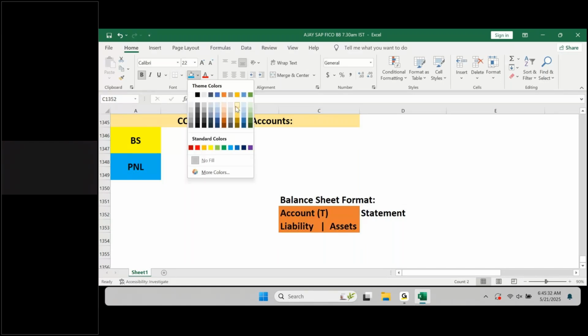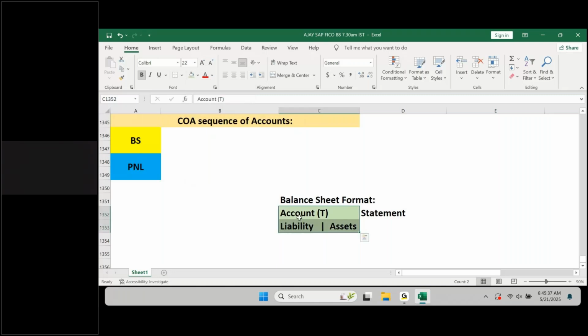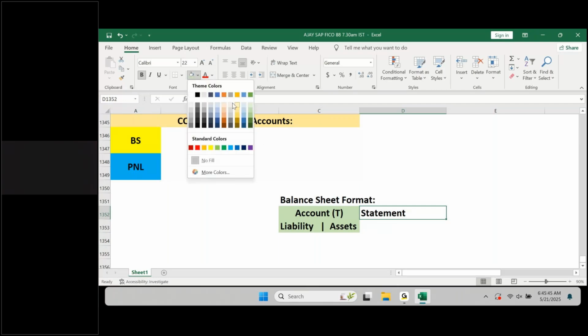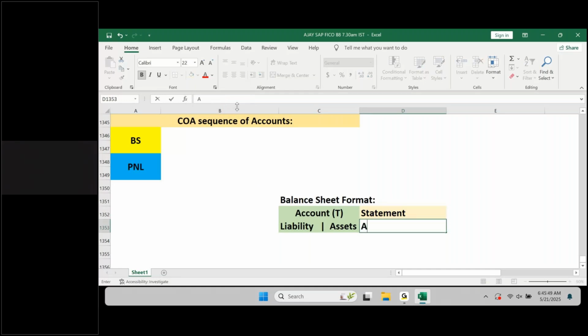This is how we listed. In the statement, you put something like assets first, one by one, and then liabilities next. Is this right?